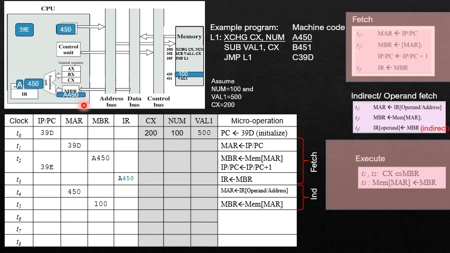Because you need to go to the memory to tell which location, which is 450 in this case, to get the operand. That happens in the second micro operation, where the content at 450 will be sent out through the bus to the MBR. That is what happens in the operand fetch.